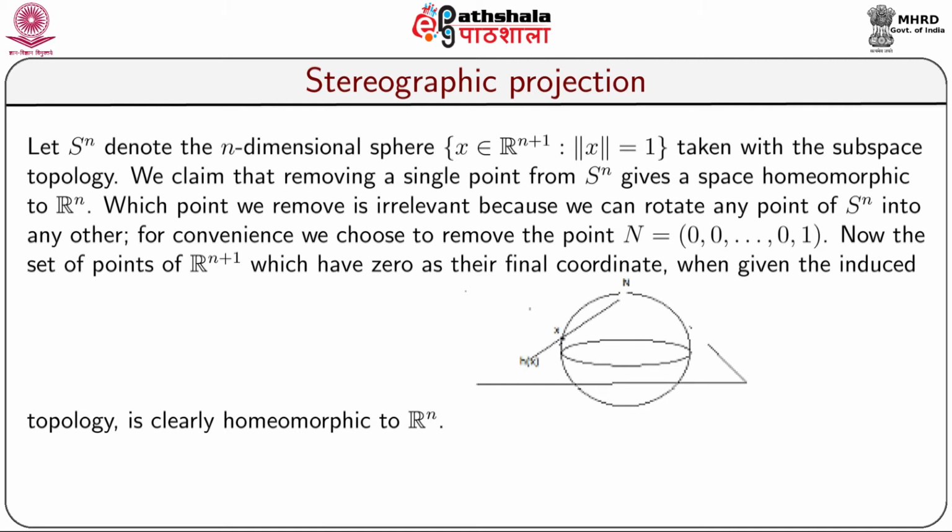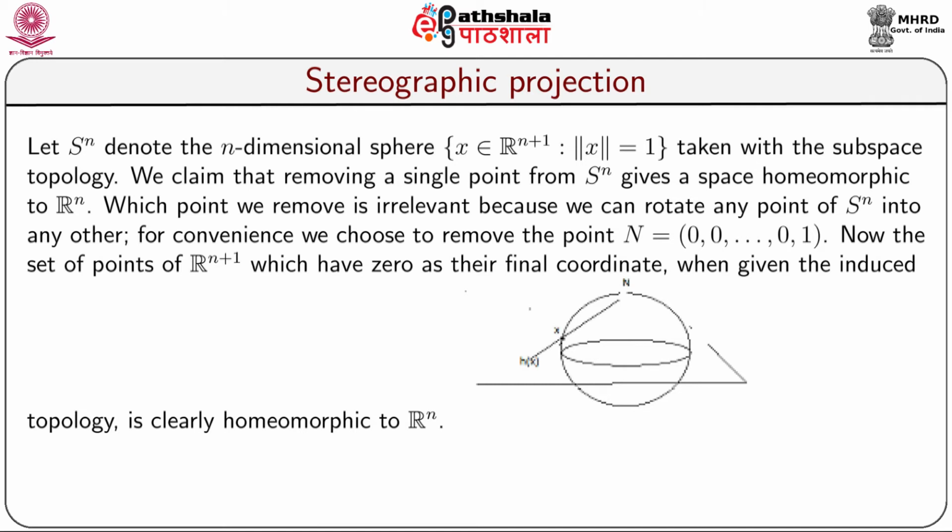We claim that removing a single point from Sn gives a space homeomorphic to Rn. Which point we remove is irrelevant because we can rotate any point of Sn into any other. For convenience, we choose to remove the north pole, that is the point (0, 0, ..., 0, 1).